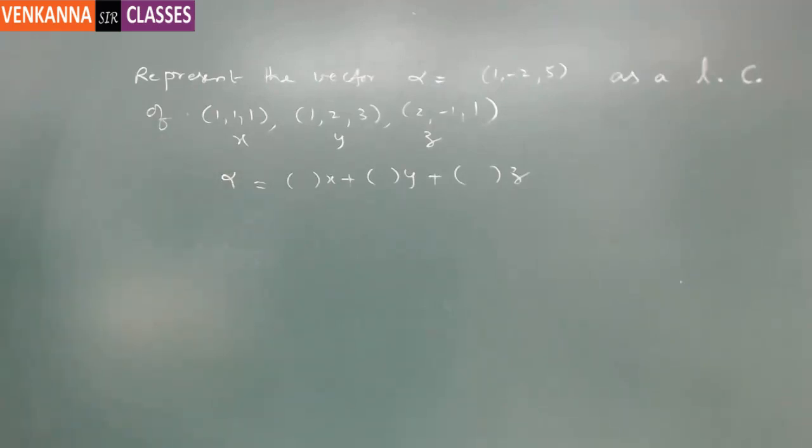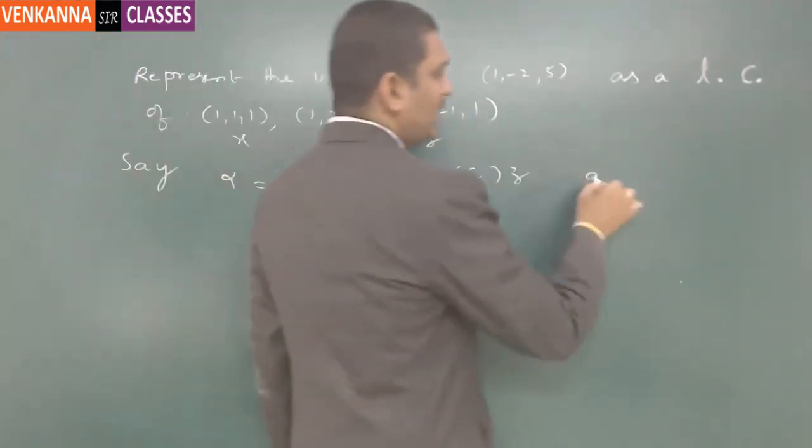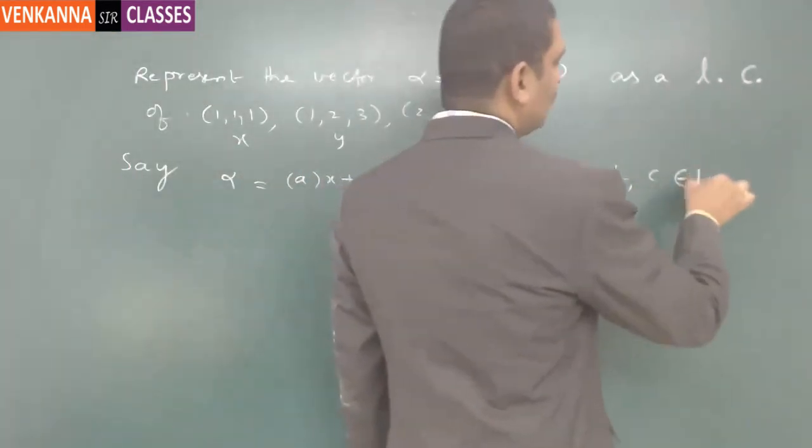Accepted? As per the definition. So let us say alpha is equal to ax plus by plus cz, where a, b, c are numbers belonging to the field F.